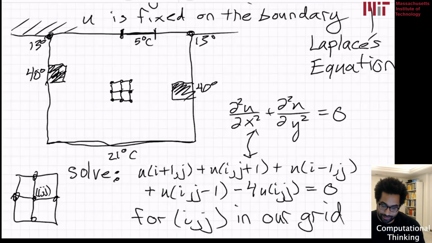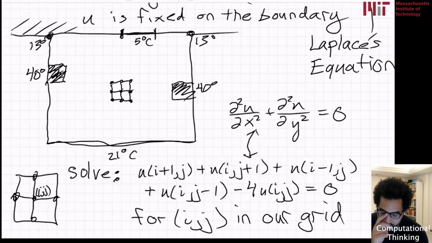And to do this, of course, we're going to have to code something. We're going to have to compute something. And this is where we get into the actual use of coding to solve this problem.